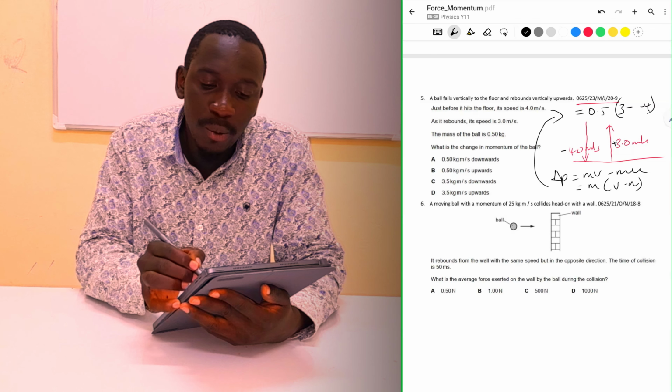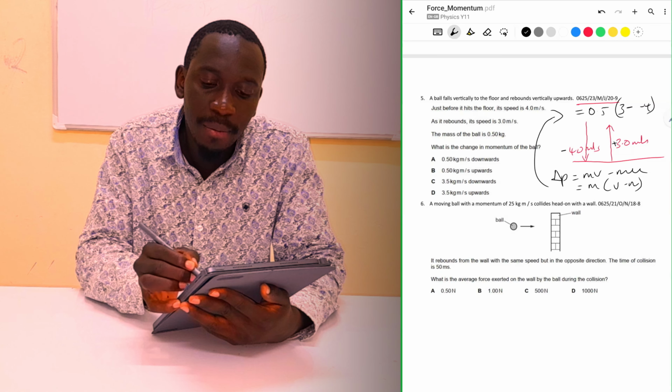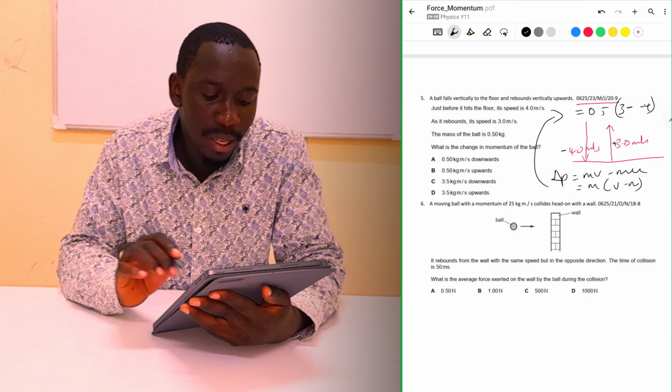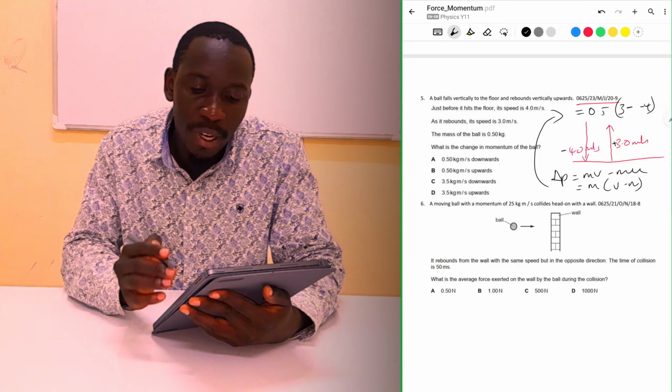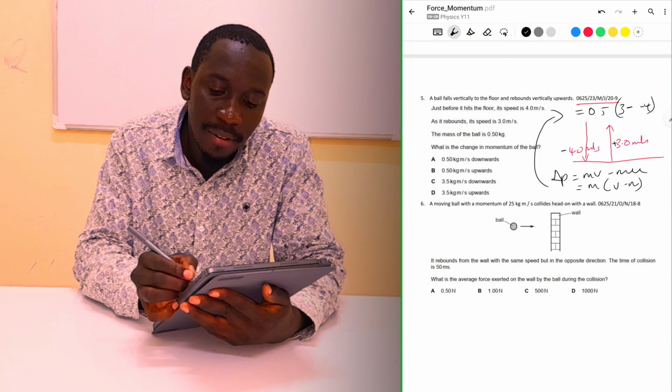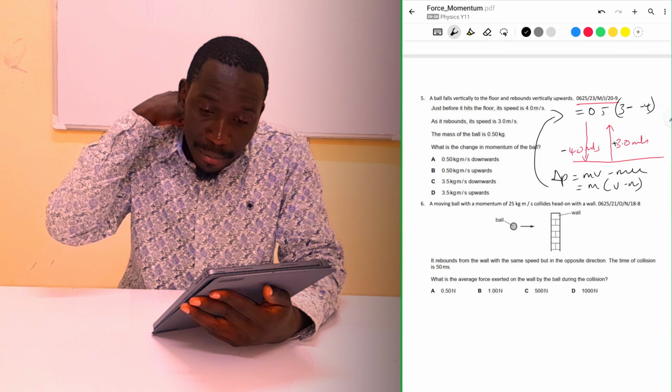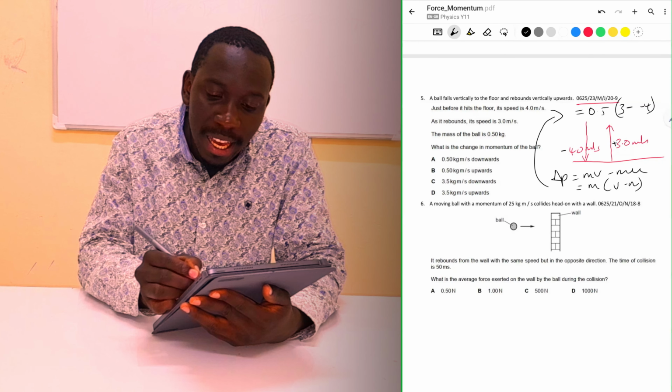So that's going to be 0.5 times 7, which gives us 3.5. Now we want to know the direction of the change in momentum. The answer we're getting here is positive.